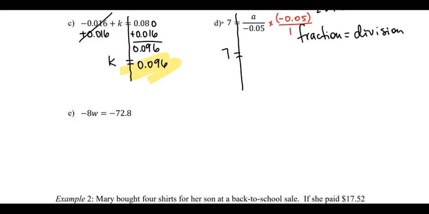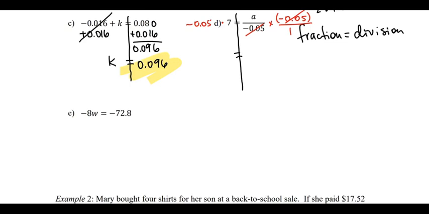And then here, 7 times negative 0.05. I put it over 1 because I have to multiply by a decimal. Because a over negative 0.05 is a fraction, I'm going to write the decimal, negative 0.05, as a fraction by putting it over 1. That way, you can clearly see that these two will cancel each other, and all I need to do is multiply 7 by 0.05.